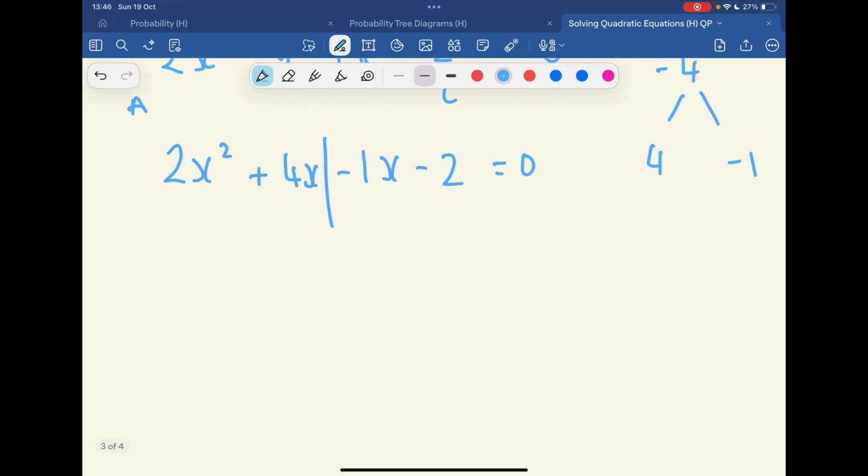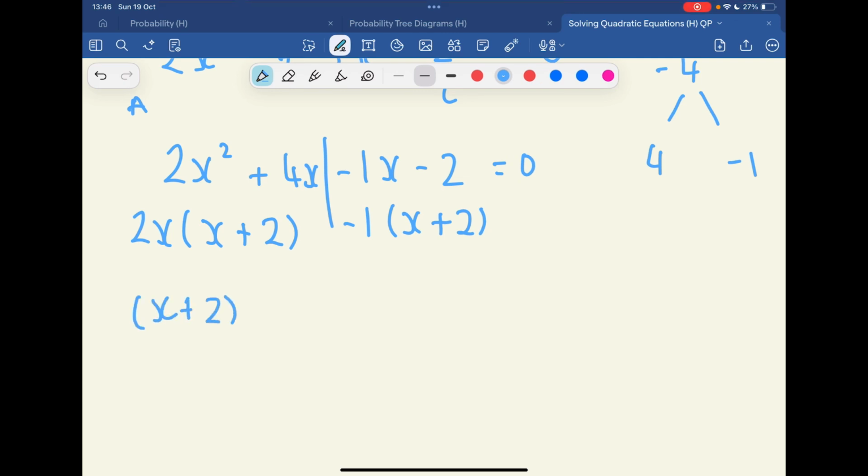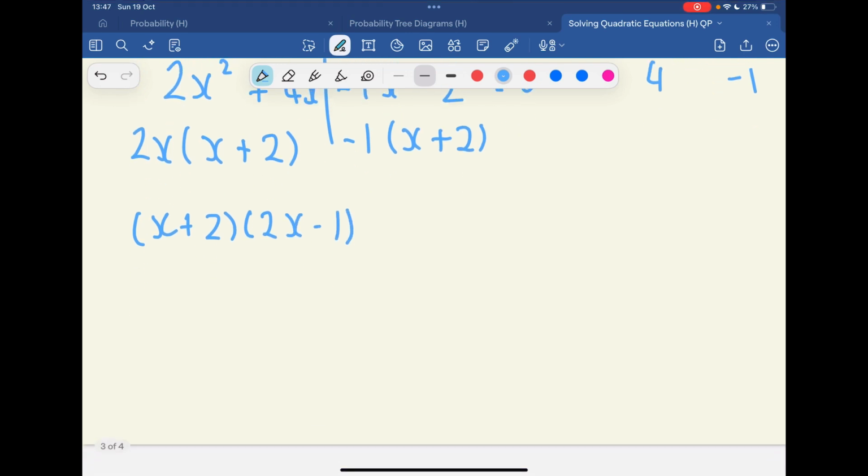We're going to factorise this as always. I'm going to take out a factor of 2x. This is going to leave me with x plus 2. And here I'm going to take out a factor of negative 1. This is going to give me x plus 2. So our first bracket is going to be x plus 2. Our second bracket is going to be 2x minus 1. And we can solve this.